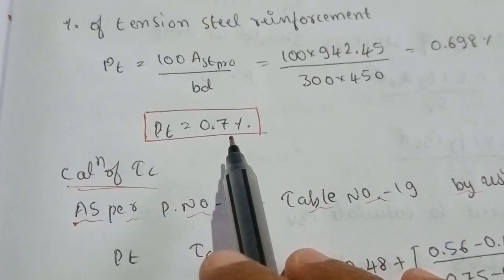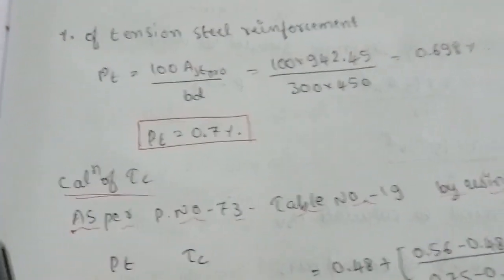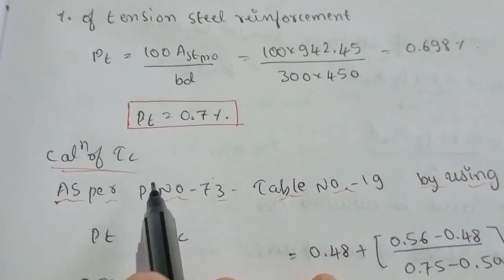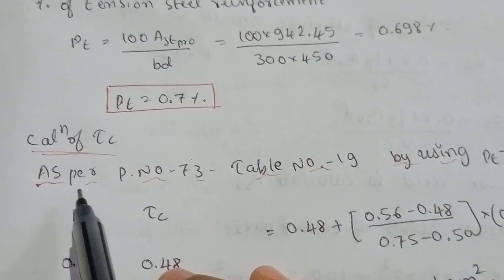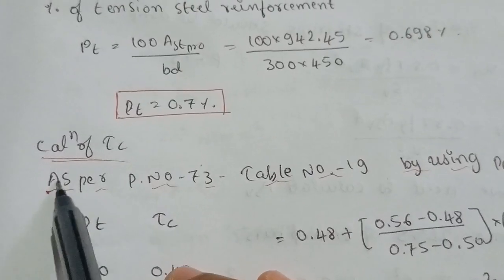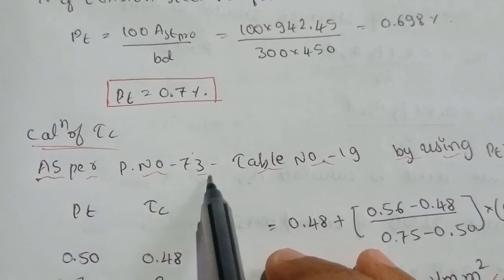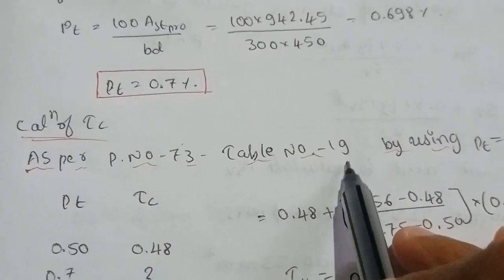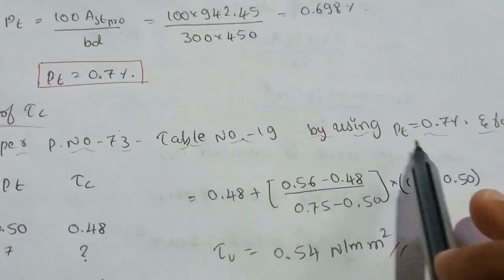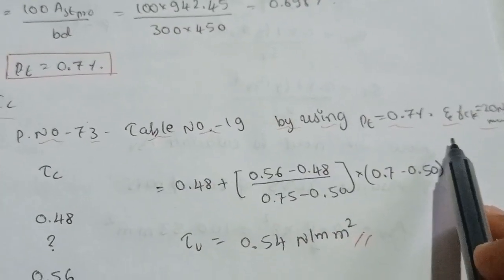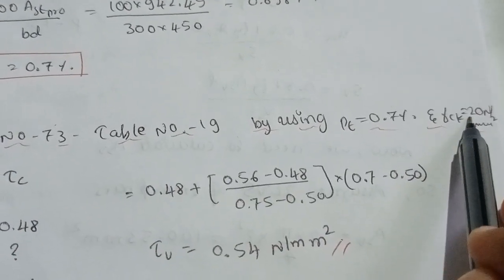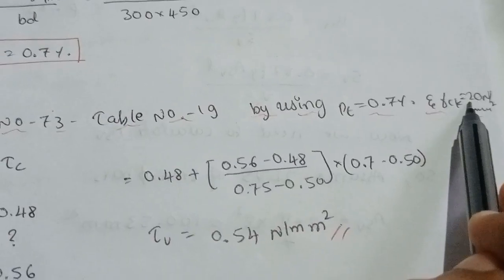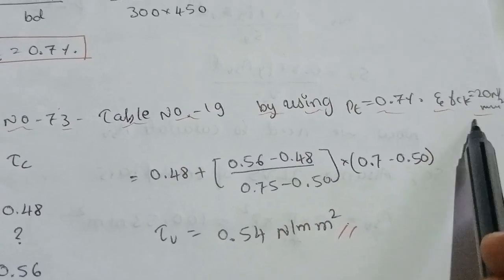After this calculation of pt, we'll go for the calculation of tau c. So again, as per your codal rule, as per page number 73, table number 19, by using pt value and fck, that is grade of concrete, which they have given in the problem, 20 Newton per mm square.